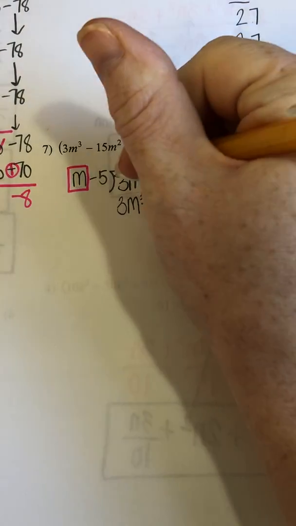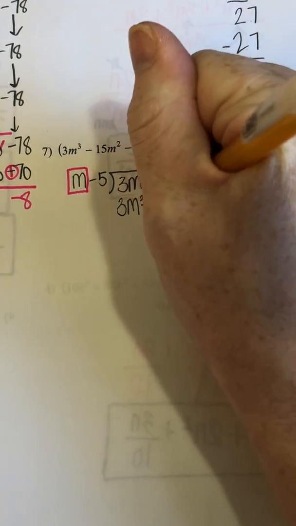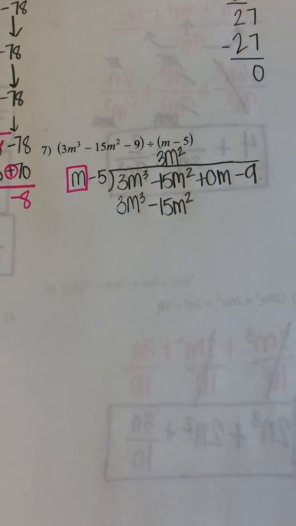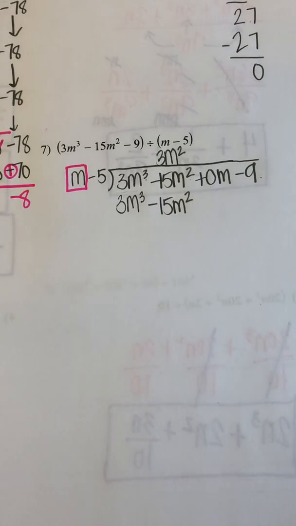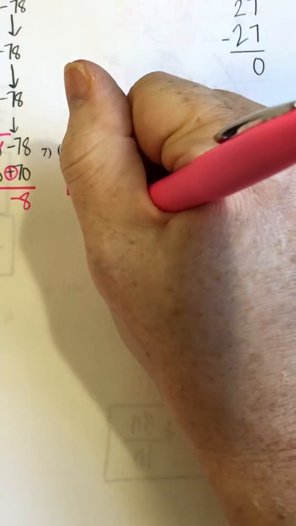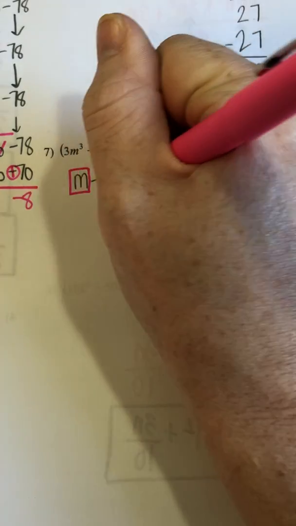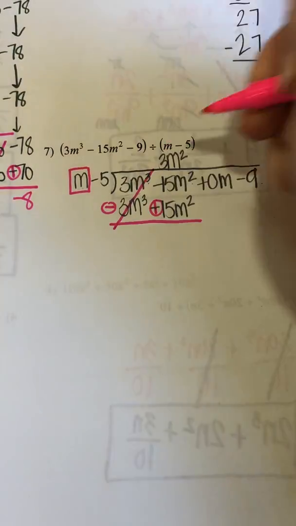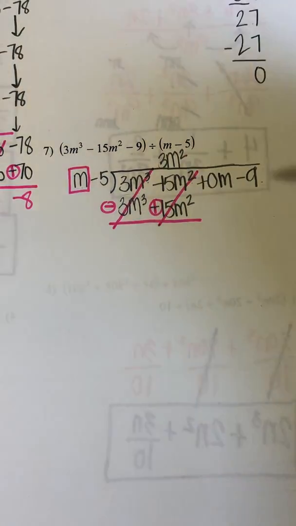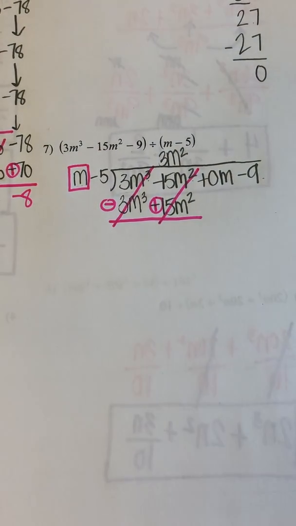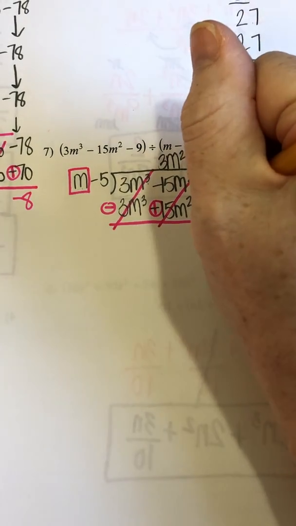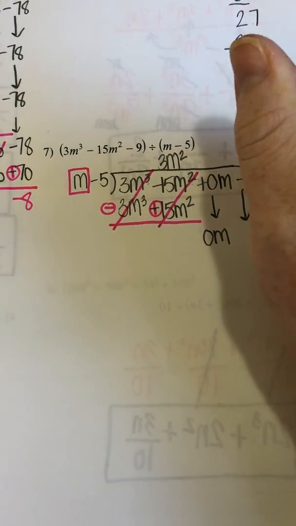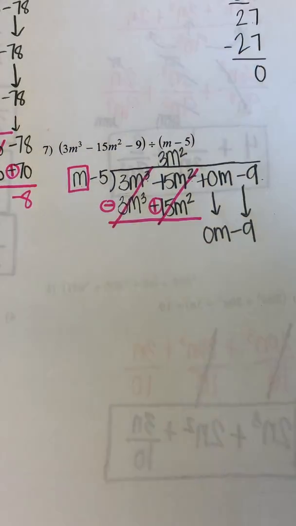And 3m squared times negative 5 is negative 15m squared. Okay? When I come through to subtract, what do you see happening? They both cancel out. Okay, they were both opposites. So here, I can drop the 0m and the minus 9.